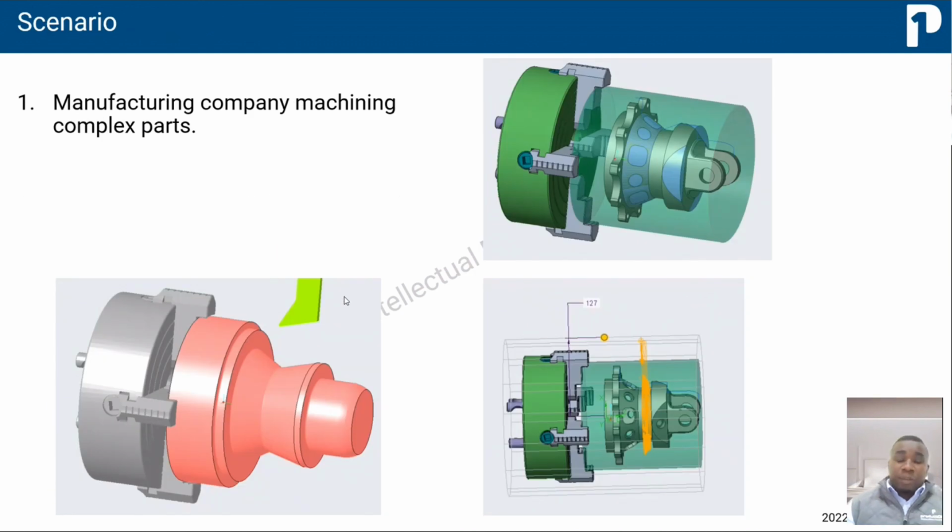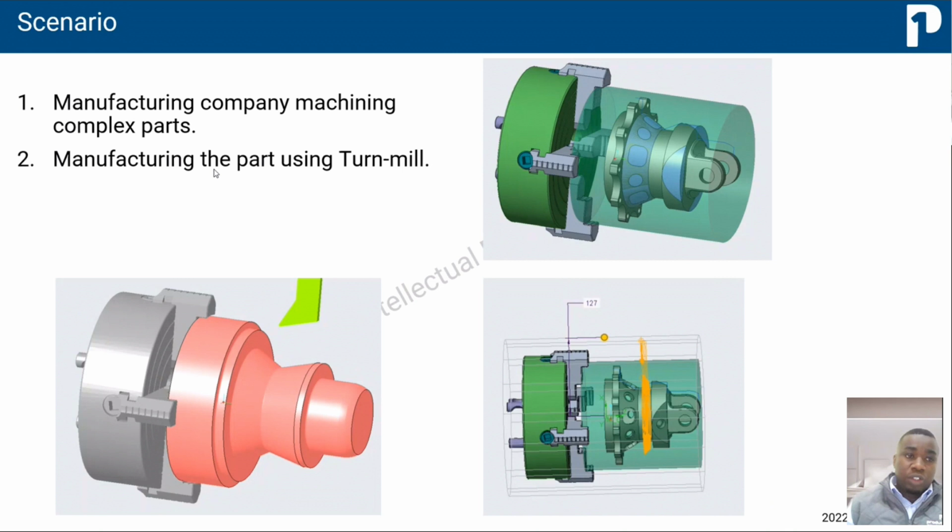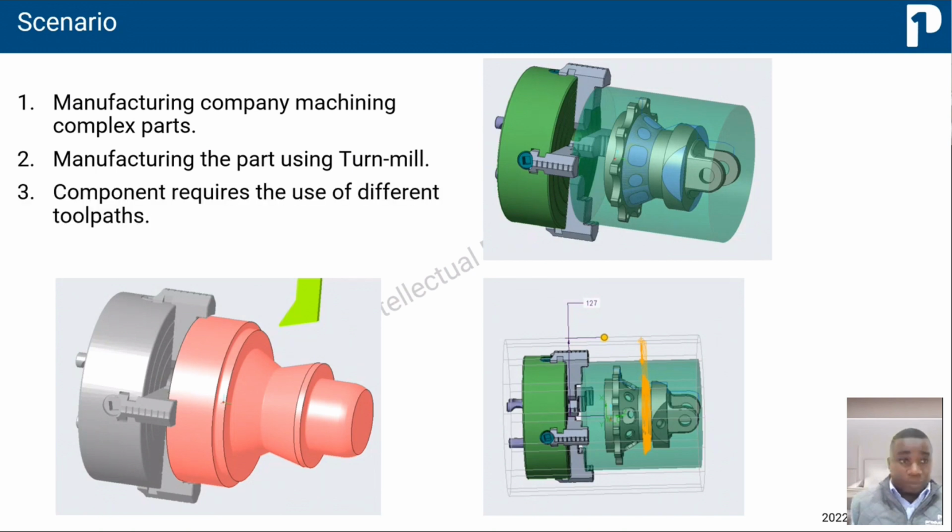Okay, so before we go to the demonstration, this is the scenario. I'm going to be working at a manufacturing company. We're going to be machining complex parts. So this is one of the parts, the part that I'm going to be working with today. This part is going to be manufactured using the 10 milling.